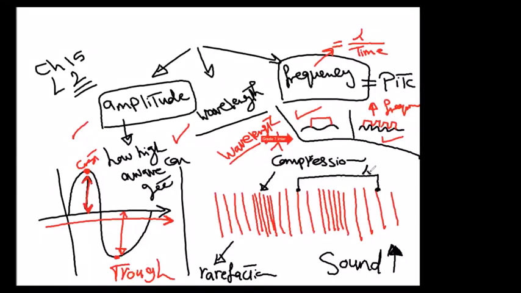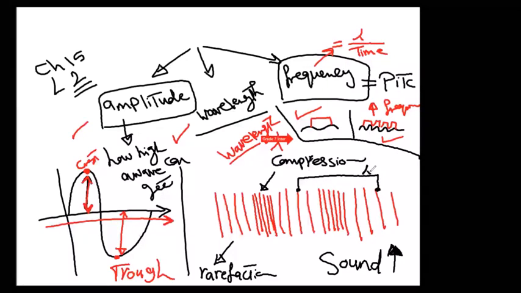I want to measure the wavelength because sound waves move in this shape, in longitudinal waves. Sound waves are longitudinal waves. But last time I told you, to make it easier, we sometimes draw the sound wave like a transverse wave, just to make it easy.